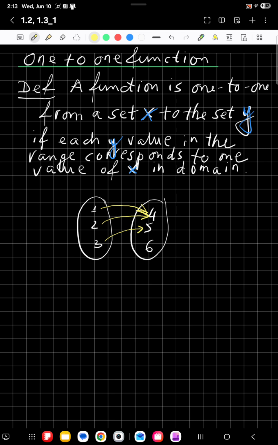These are x's, and these are y's. According to the definition, one element of y would have to correspond to only one element of x, and this is not the case. You see that 4 corresponds to 1 and 2, so this one is not one-to-one.